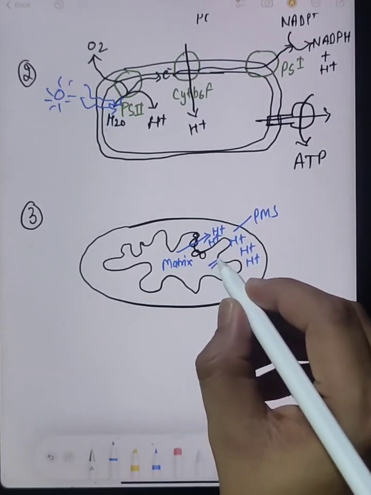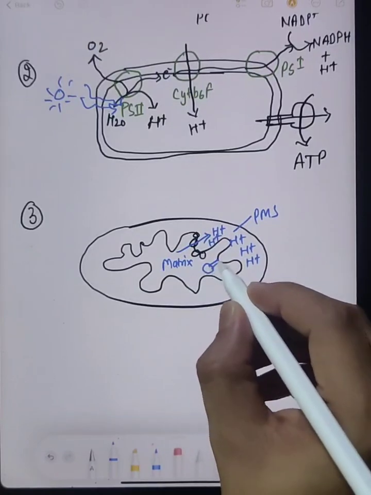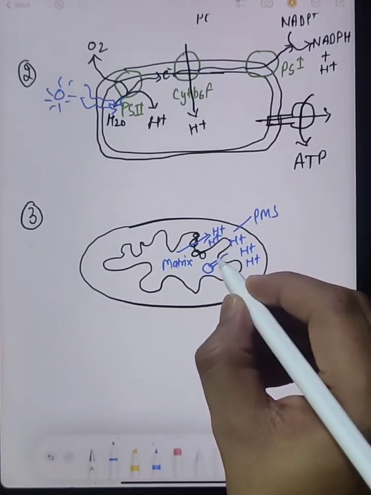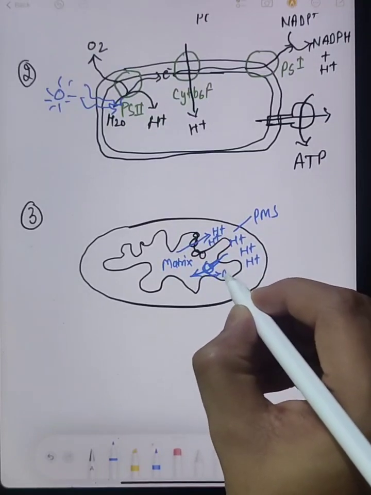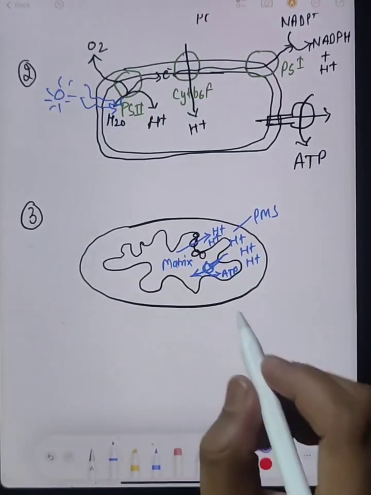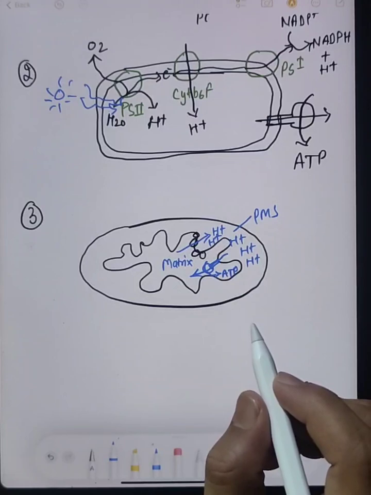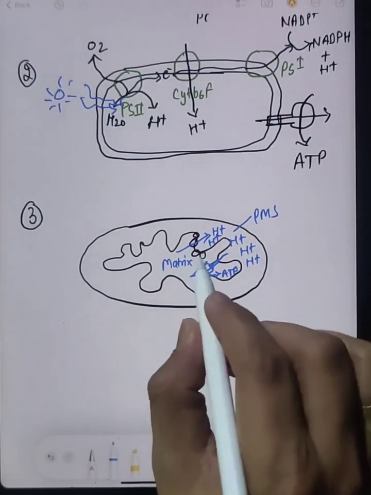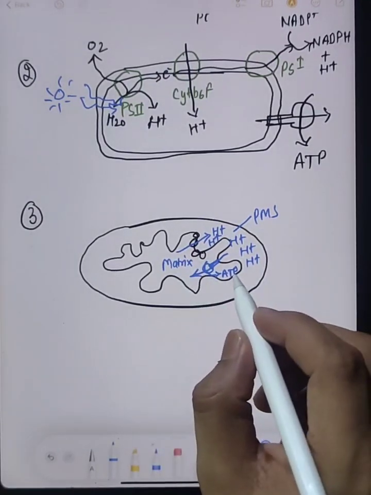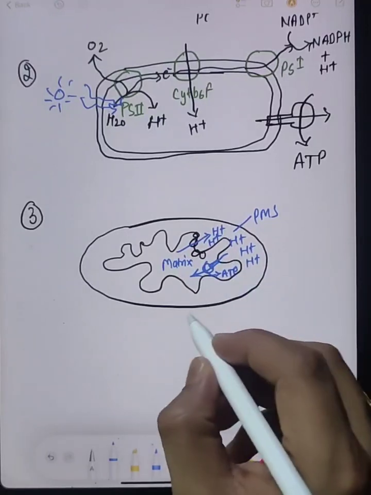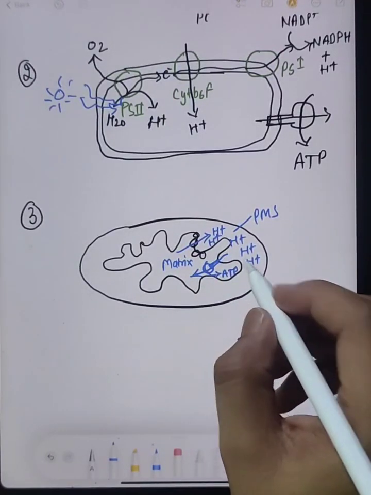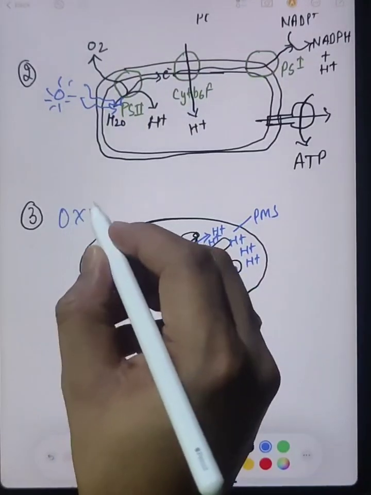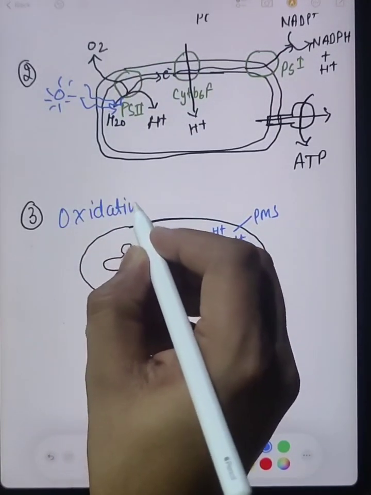After some time, these protons return into the matrix again. When 2 protons return, the formation of ATP takes place inside the matrix of mitochondria. As this requires the energy from oxidation of NADH, that is why this process is called oxidative phosphorylation.